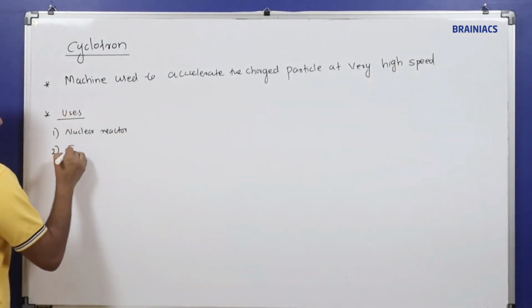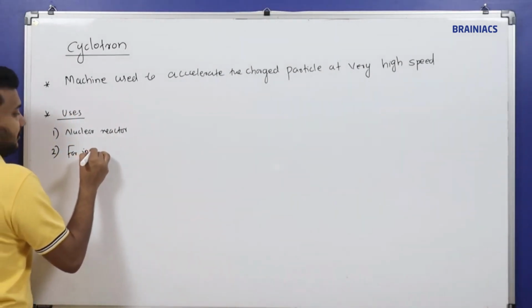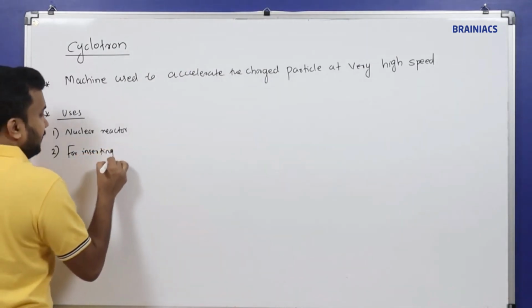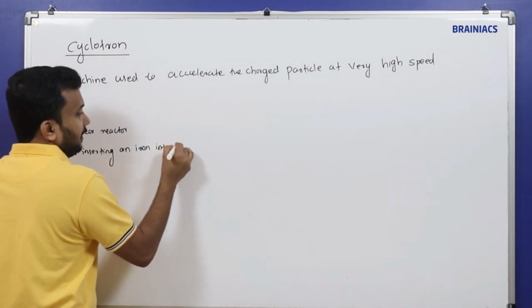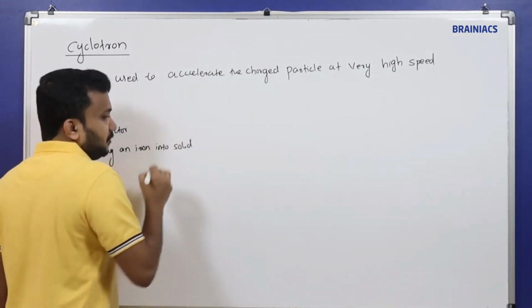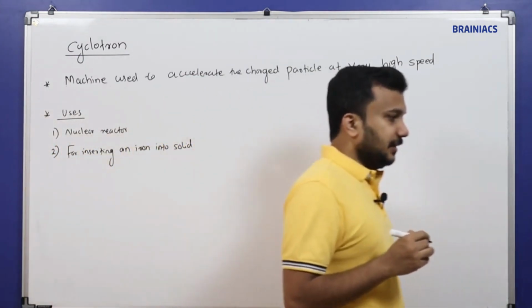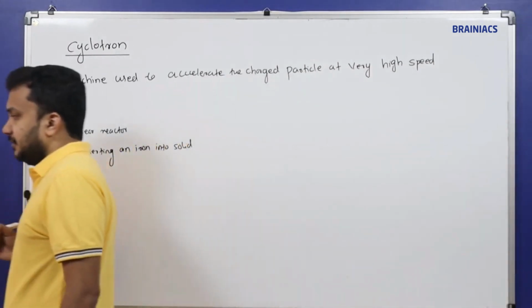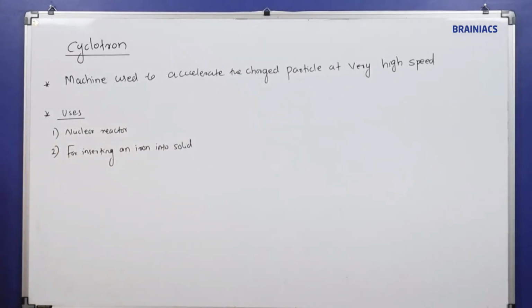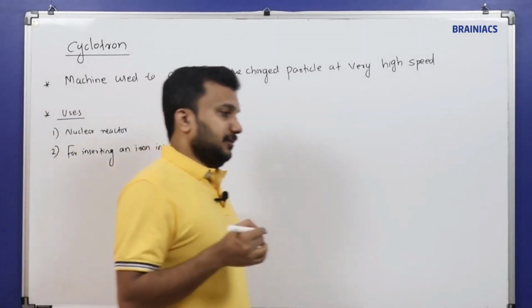Second one, for inserting an ion into a solid. At the end of this physics course you will learn a chapter called semiconductor electronics, where we will learn something called doping.